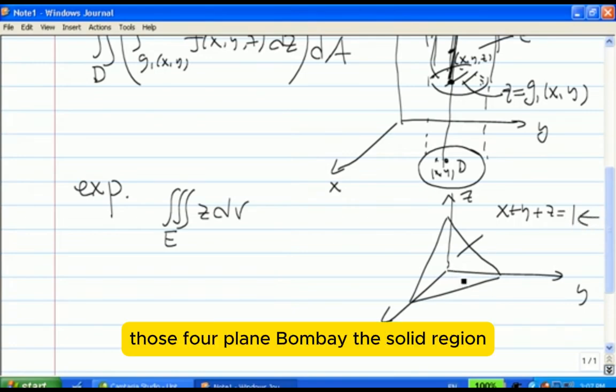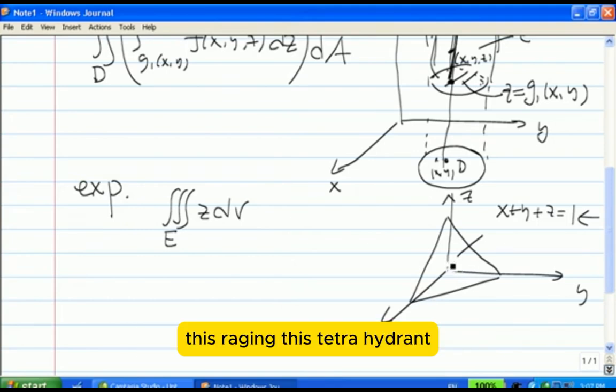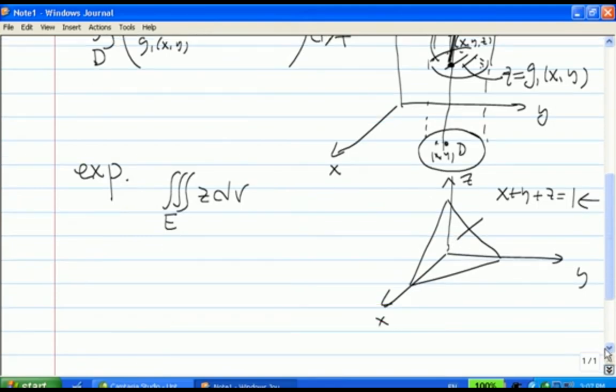Those 4 planes bound a solid region. This region is this tetrahedron. That's our E.